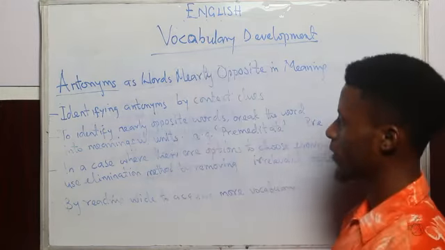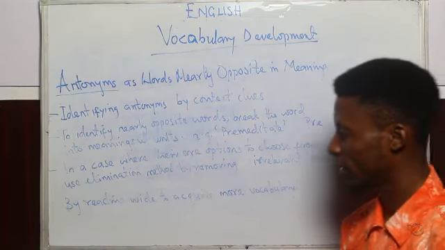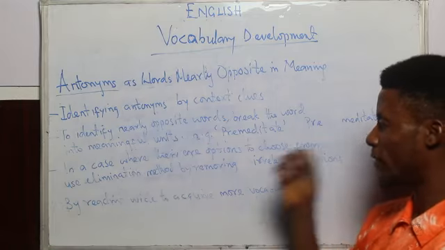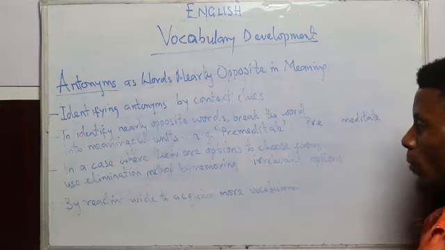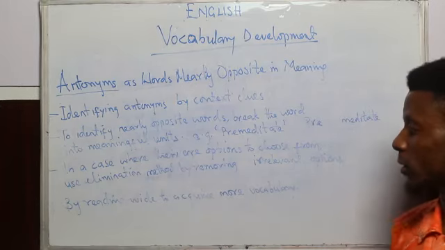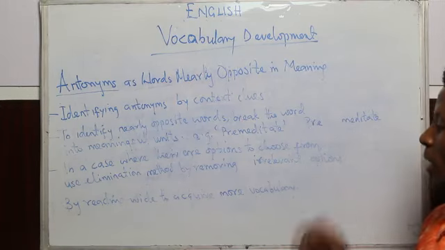Another way of identifying a word that is nearly opposite in meaning, in a case where we have options to choose from, is to make use of the elimination method, by removing irrelevant options.